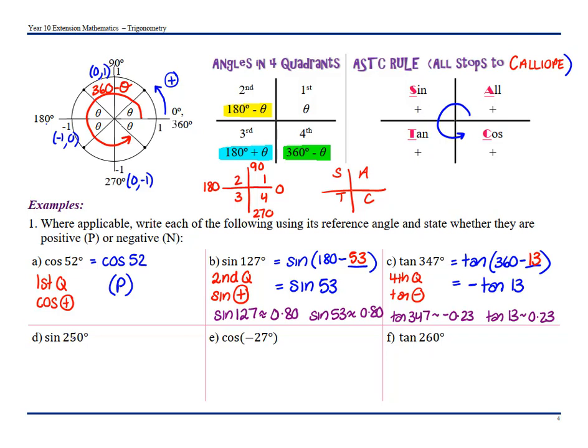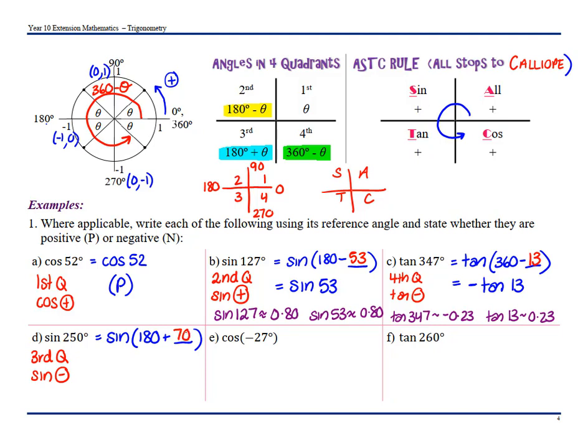So sine of 250 degrees. 250 degrees we're in our third quadrant, and sine will be negative. In our third quadrant, we want it to be 180 plus something. So 180 plus what gives me 250?